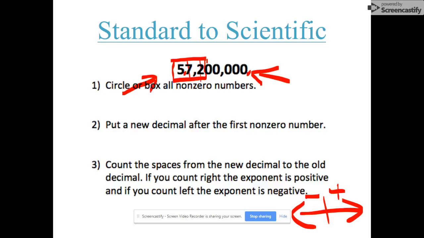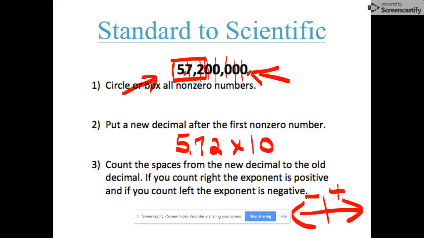1, 2, 3, 4, 5, 6, and 7. Again, from the new decimal to the old decimal, there were 7 numbers. I'm going to go ahead and drop down the number in my box, 5.72, to make it my new coefficient, times a power of 10.